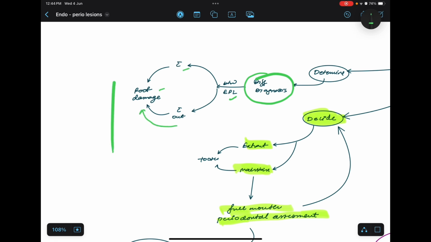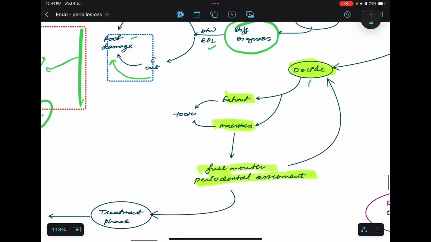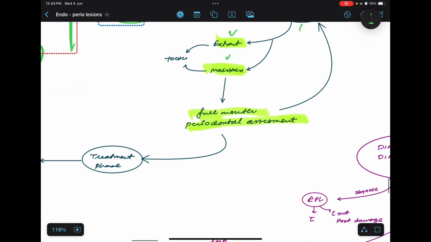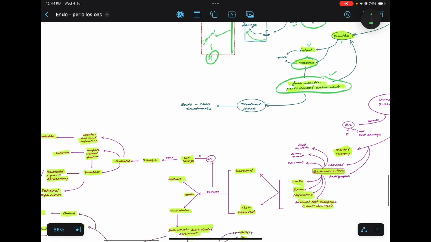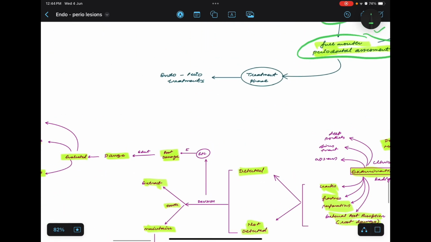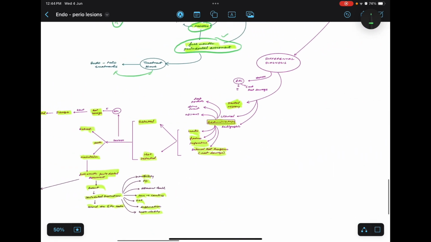This will basically determine your course of treatment. Then you decide whether you want to extract the tooth or maintain the tooth. In case you want to maintain it, you'll have to go for a full mouth periodontal assessment. After that we'll enter the treatment phase of endo-perio lesions.